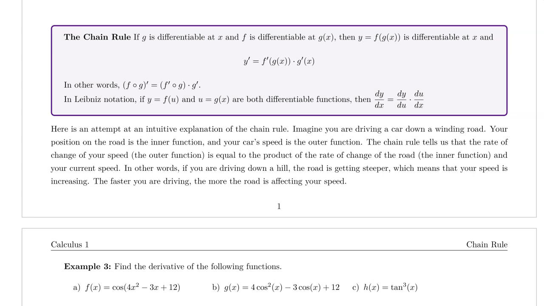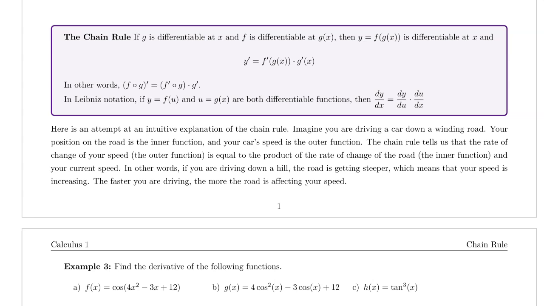In other words, the derivative of f composed with g is equal to f prime composed with g times g prime. In Leibniz notation, if y equals f of u and u equals g of x are both differentiable functions, then dy/dx is equal to dy/du times du/dx.